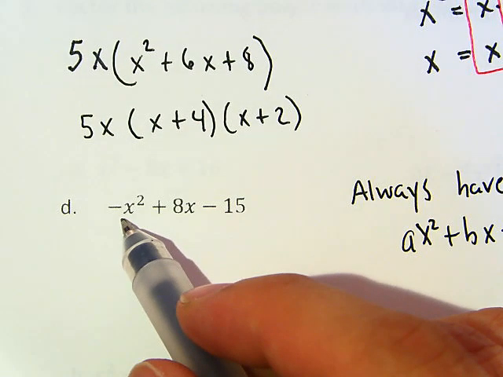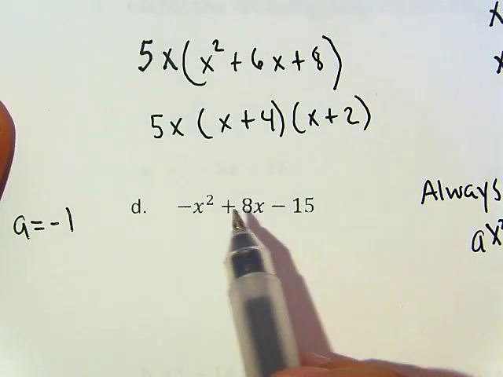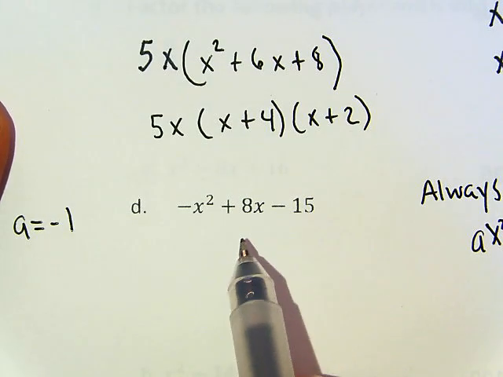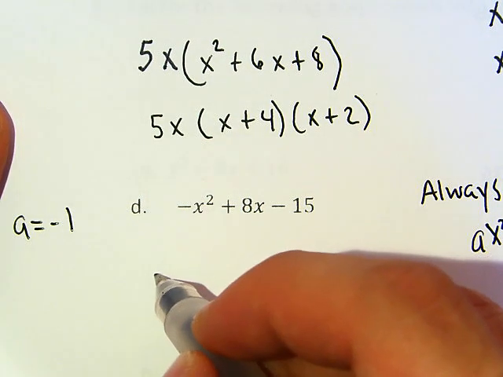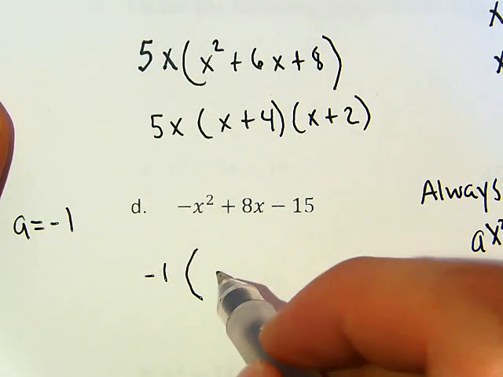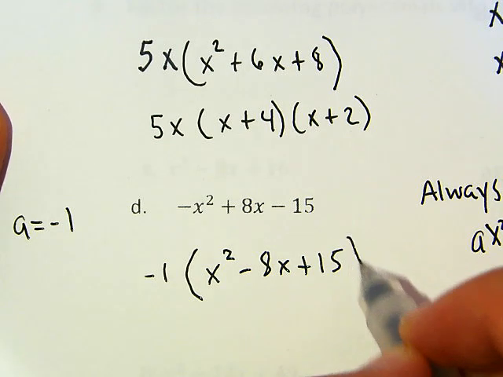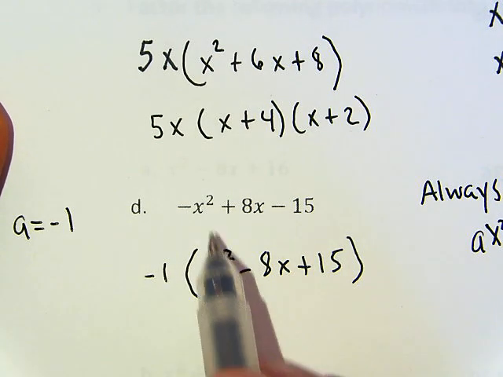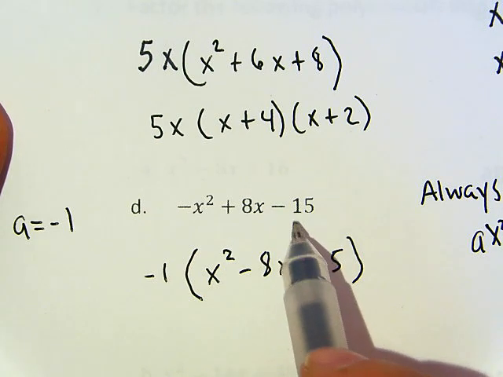It's not 1. Your A is -1. So what you're allowed to do is try and make this positive. What you could factor out is a -1. So notice that if you factor out -1, what does this whole thing become? It just becomes x squared minus 8x plus 15. Notice how the sign for each of these just changed.